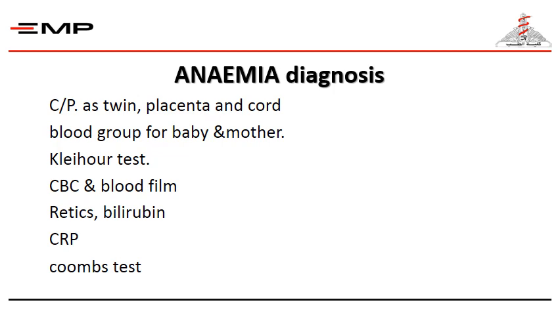We have to check the reticulocyte count and bilirubin, because in all cases of hemolysis, the baby will have a high reticulocyte count and the bilirubin will be elevated, while in babies with bone marrow failure, we will have a low or subnormal reticulocyte count. Do a C-reactive protein, or CRP, which will diagnose sepsis, which is a cause of neonatal anemia. And lastly, we ask for the Coombs test, which will diagnose autoimmune hemolytic anemias.